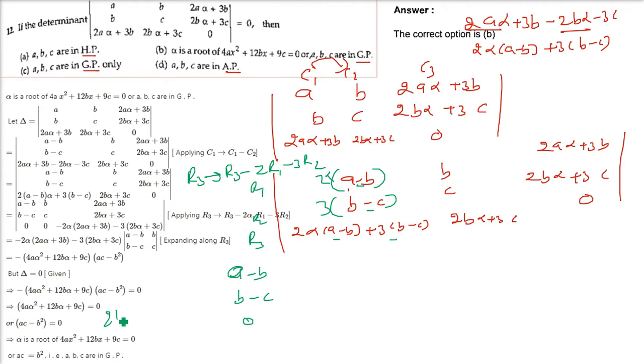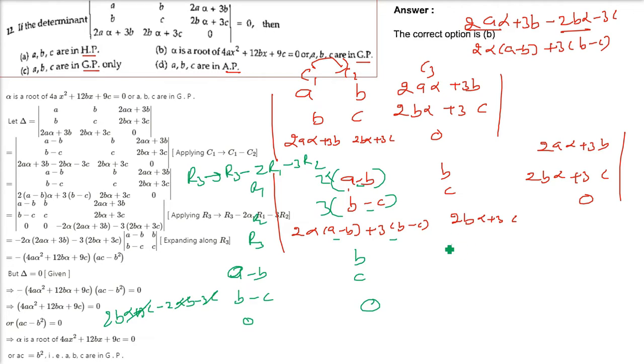Similarly, you have to do it for all of this. So multiplying 2 alpha with B, and multiplying 3 with C and subtracting it from 2B alpha plus 3C. So what do you get? You again get a 0 here. So 2B alpha plus 3C minus 2B alpha minus 3C, so you get a 0. Okay.